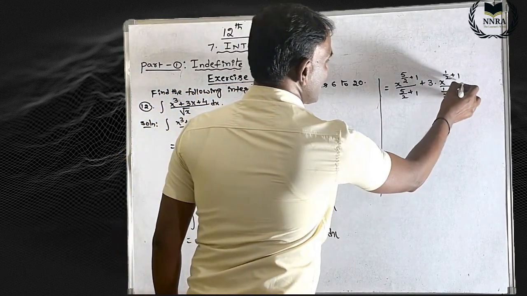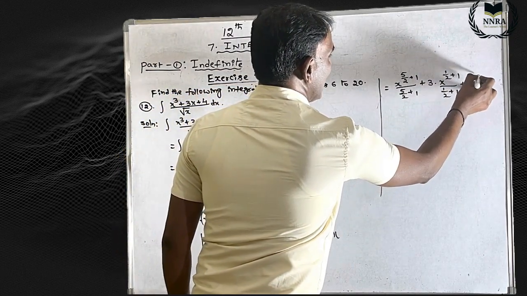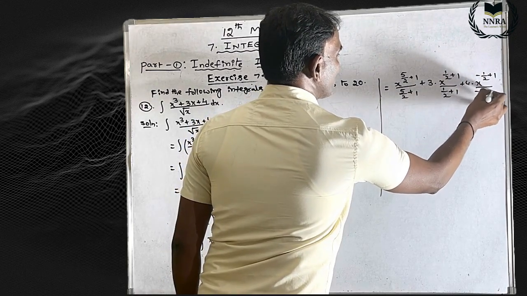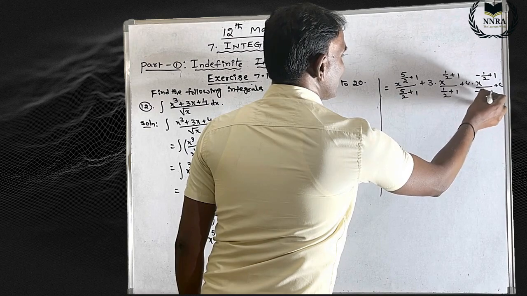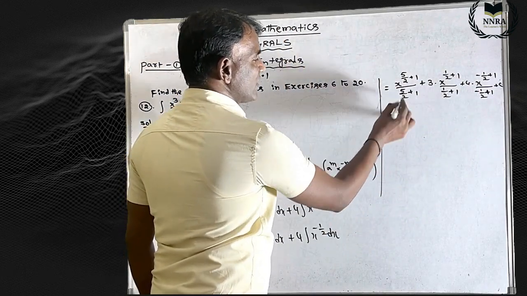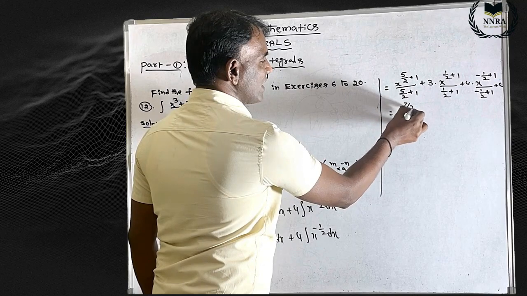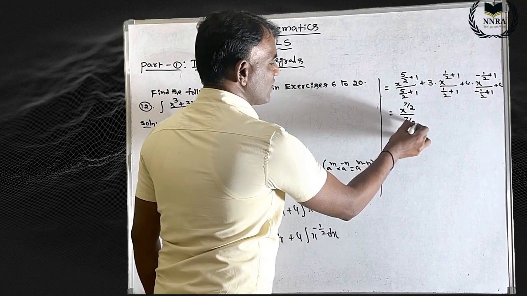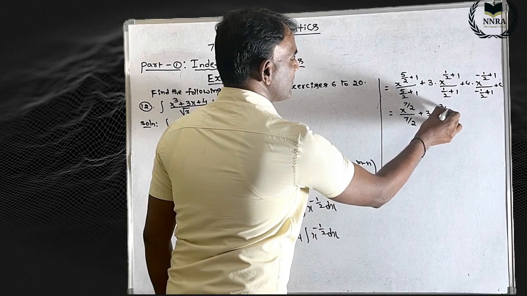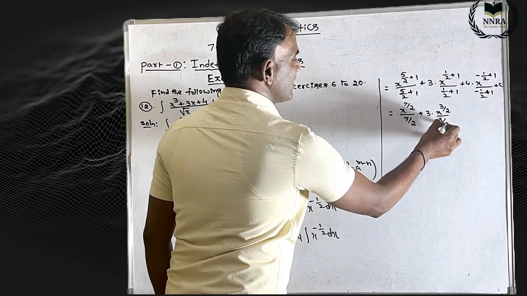And coming to last term, 4 into x power minus 1 by 2 plus 1 by minus 1 by 2 plus 1. Then constant c. So this can be written as 5 plus 2 by 2 means x power 7 by 2. And it is also 7 by 2, right? And 3 into x power 3 by 2 divided by 3 by 2.